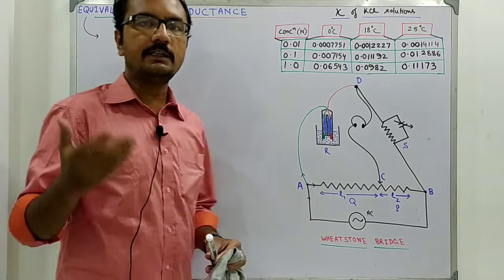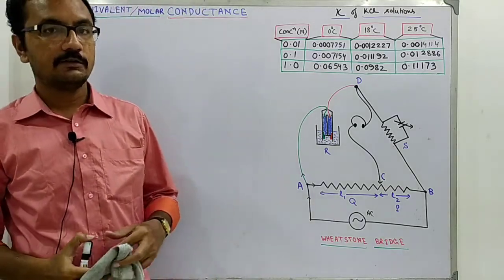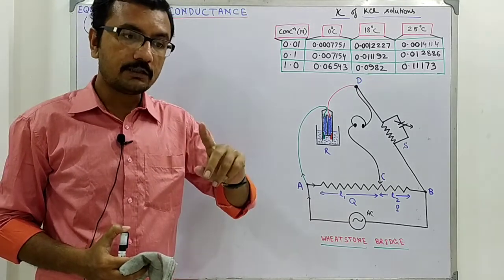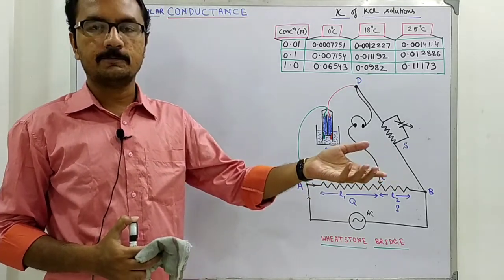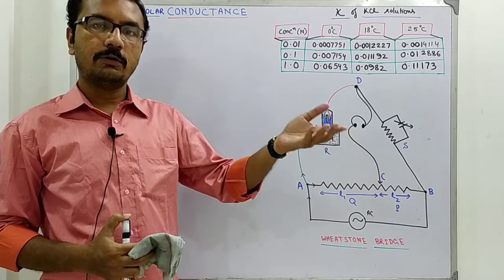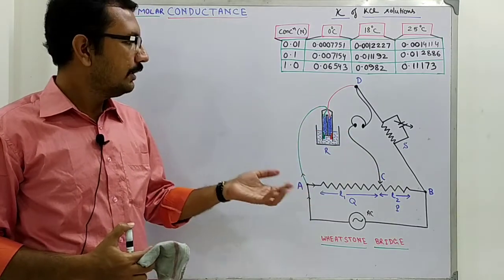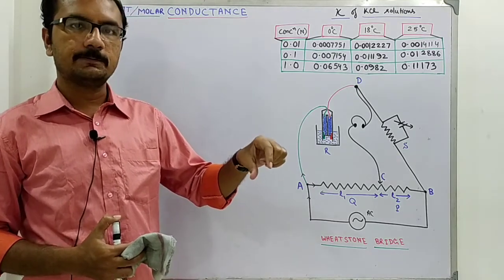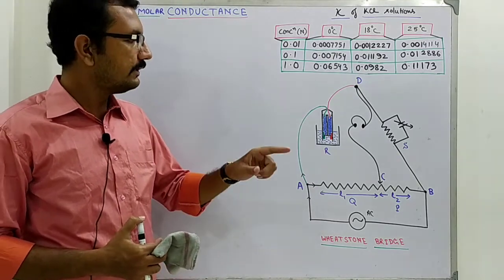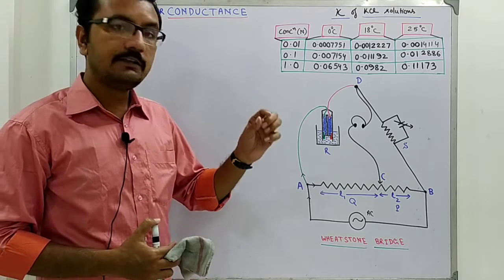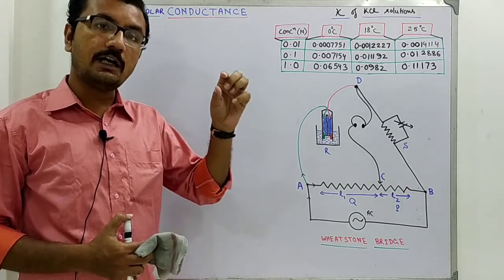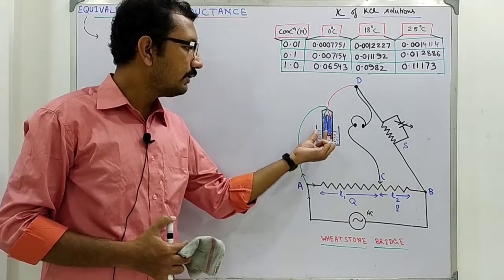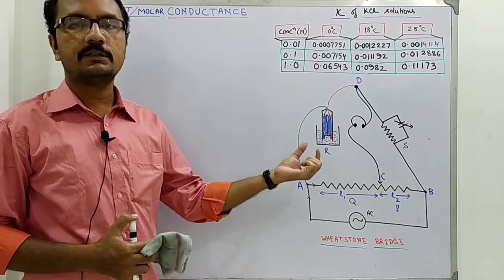Now, what is the definition? Equivalent conductance is the conductance when you have 1 gram equivalent of dissolved electrolyte, such that the entire solution containing the ions is placed between two electrodes 1 centimeter apart.